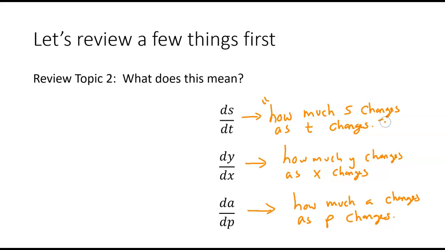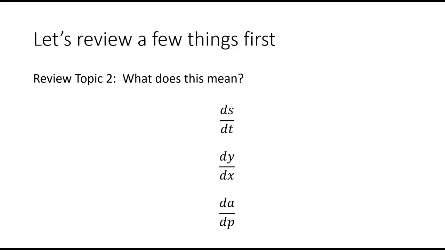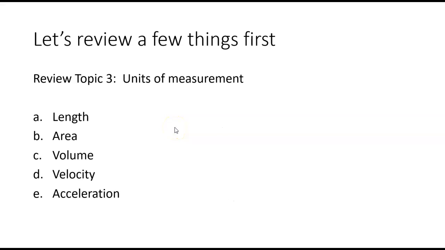Instead of saying how much s changes as t changes, we say the derivative of s with respect to t, or the derivative of y with respect to x, or the derivative of a with respect to p. That's how we say it in calculus. But basically it's just telling you how much one variable changes as another variable changes. The one on the bottom is the input, or the independent variable. The one on the top is the output, or the dependent variable.